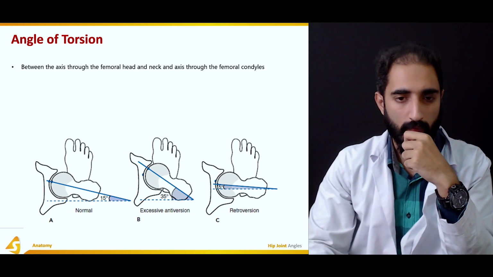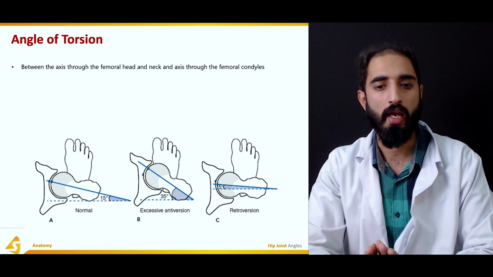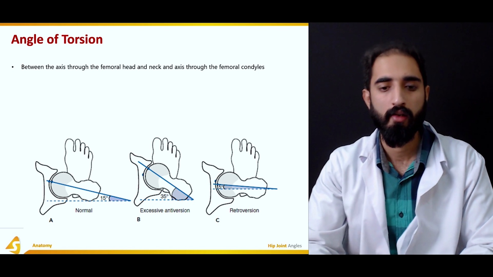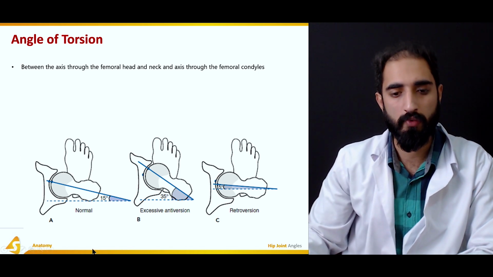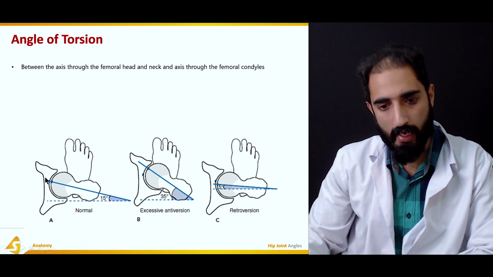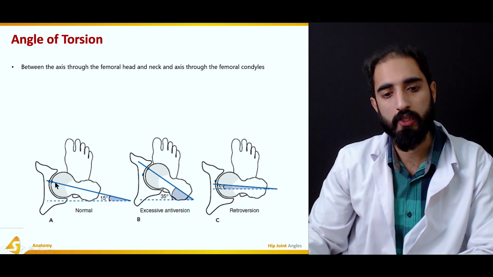So how can we observe and measure this angle? It is actually an angle between the axis through the femoral head and neck. Look, if we see this joint from above, this is the head and this is the neck. We draw a line passing through the head and neck of the femur.